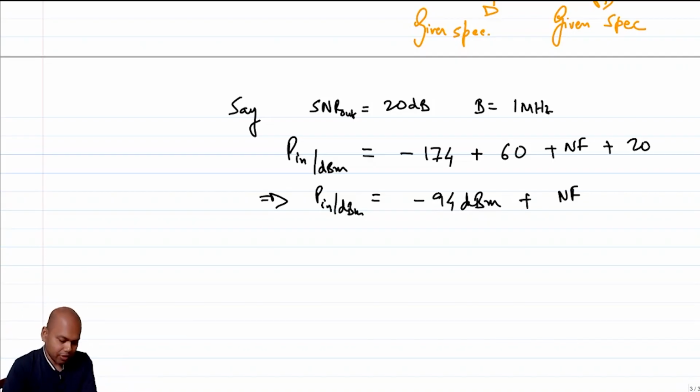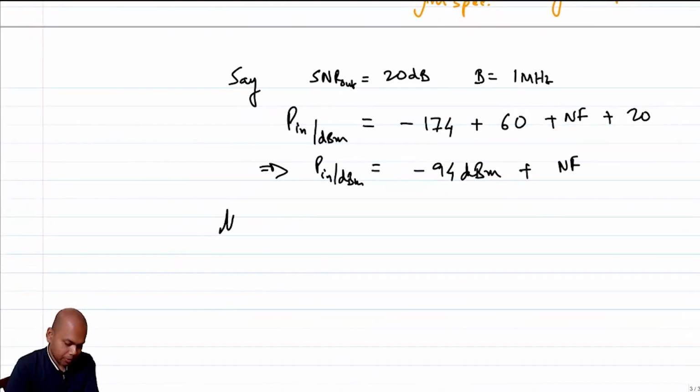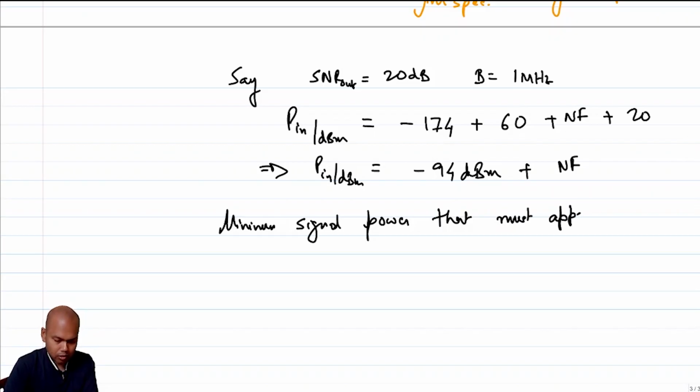So essentially, the minimum signal power that must appear at the antenna port is minus 94 dBm plus noise figure.